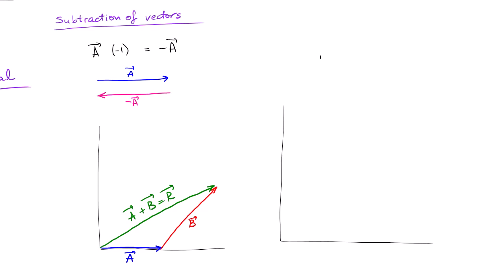Now let's say I want to subtract vector B from vector A. So subtract, and what I would get, I can rewrite this as vector A plus negative vector B. Okay, so all I need to do is flip the direction of vector B and then do simple addition. Well, let's draw this picture now. So my vector A is right here.